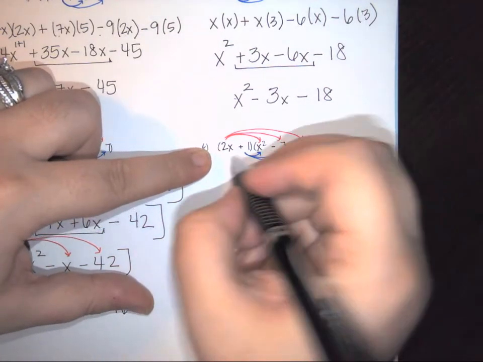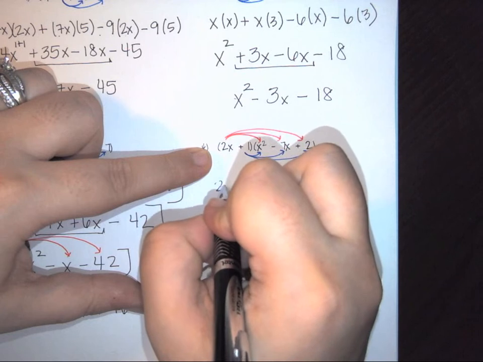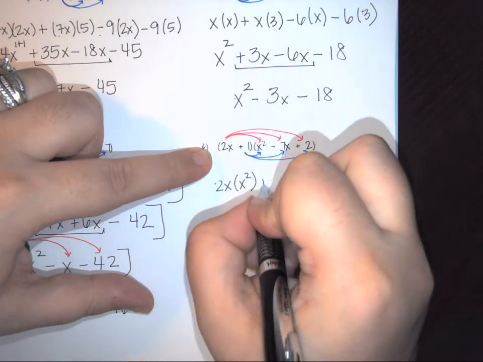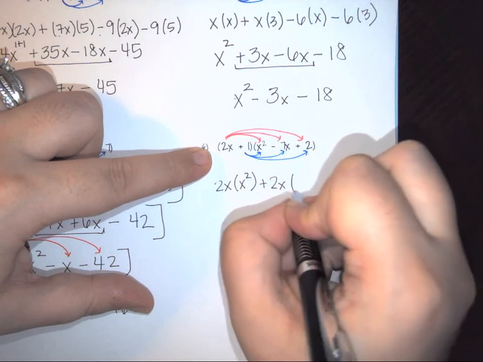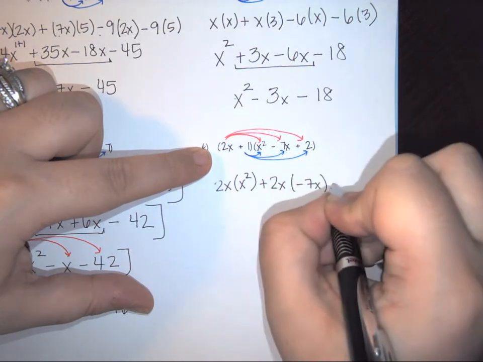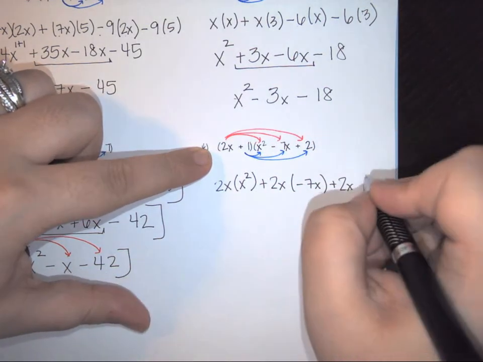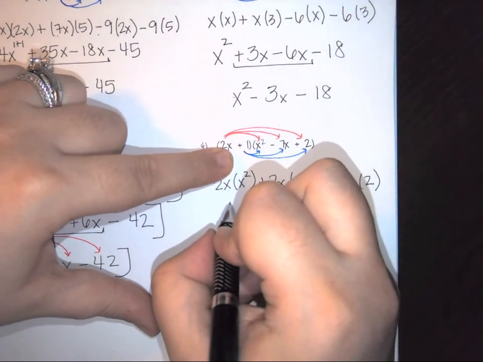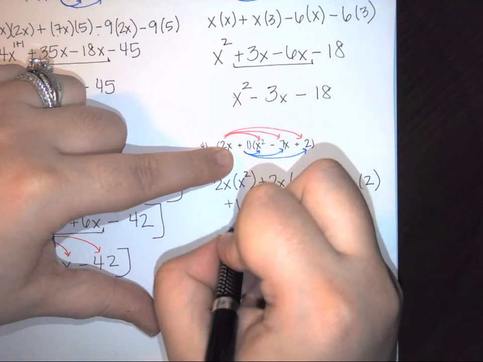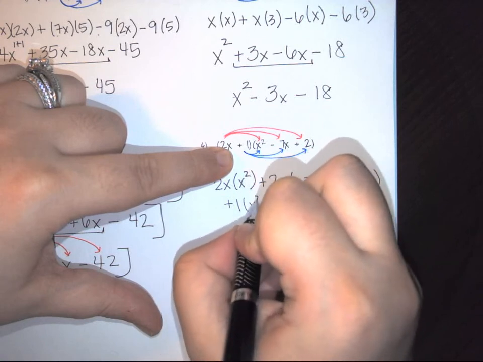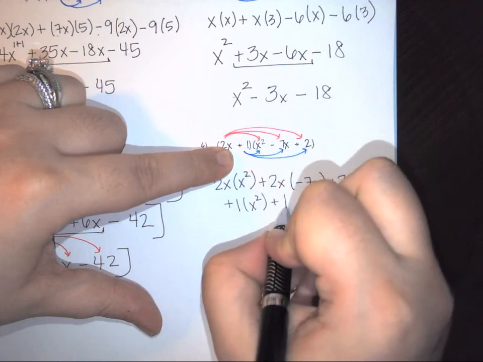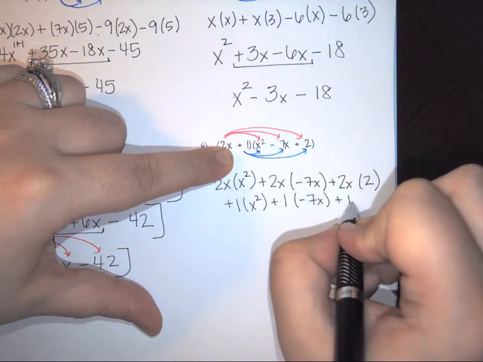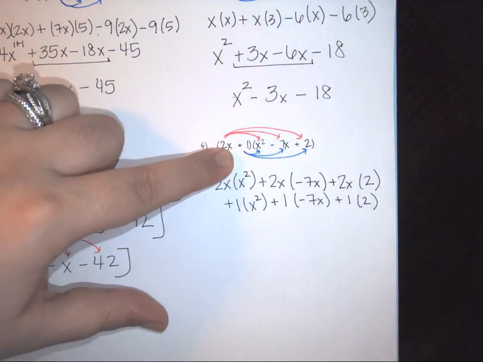So we're going to have my 2x times the x squared. We're going to take that 2x times the negative 7x. And we're going to take that 2x times the 2. Then we're going to take the 1 times the x squared. We're going to take 1 times the negative 7x. And we're going to take the 1 times 2.